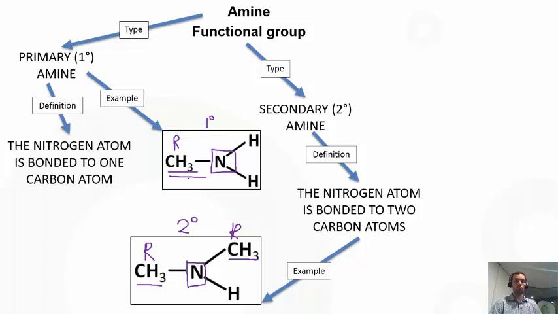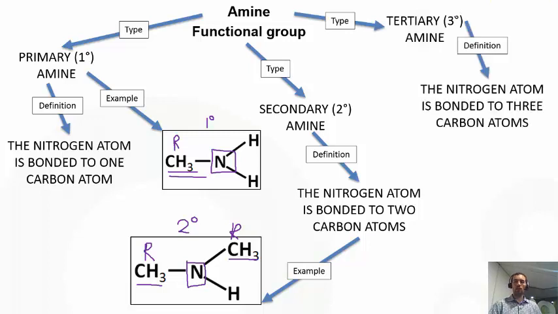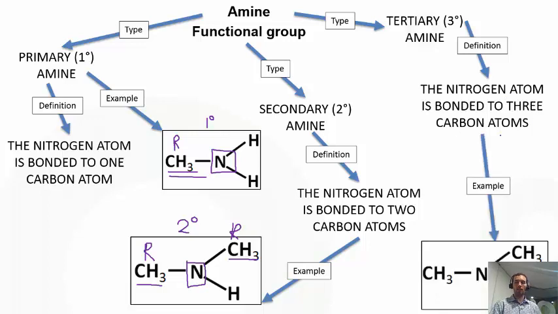Essentially you're just looking for the number of attachments to carbon from that nitrogen atom, and that corresponds to whether it's primary, 1, secondary, 2, and the third option is a tertiary amine. This is where the nitrogen atom has all of its bonding positions taken up by bonding to carbon. So there are 3 attachments to carbon atoms, which we can see in the structure down the bottom here.